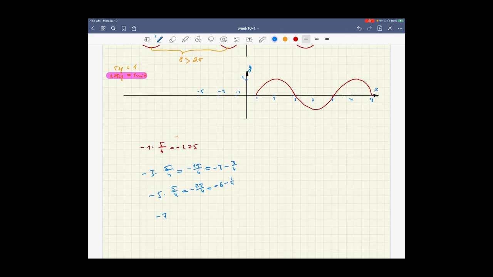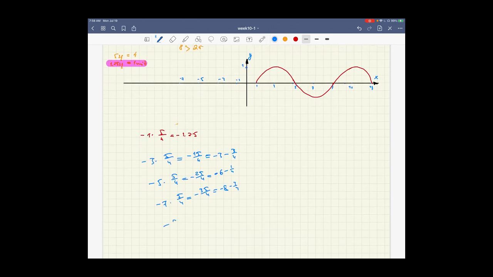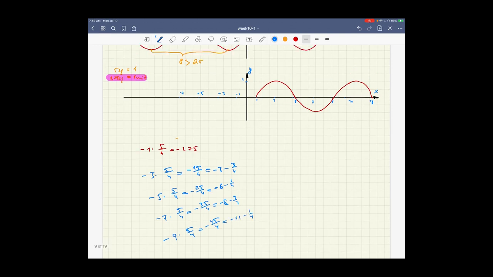Now negative 7, that's negative 8 and 3 more quarters. Next is negative 9, that's negative 45 quarters. That's negative 11 and 1 more quarter.